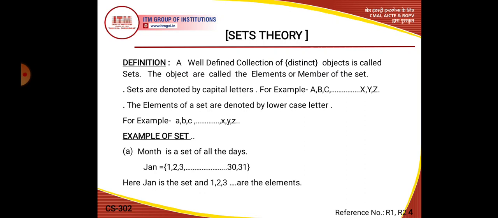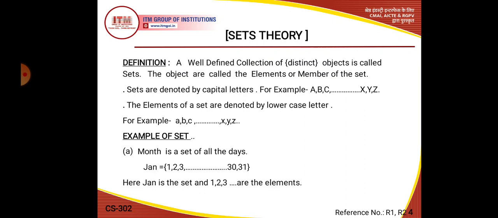Usually, sets are denoted by capital letters, for example, A, B, C up to X, Y, Z. And the elements of a set are denoted by lowercase letters, for example, small a, small b, small c up to x, y, z. So, this is the introduction of set.